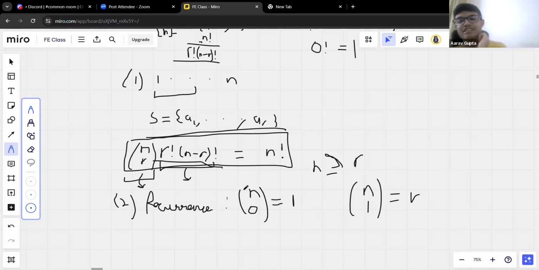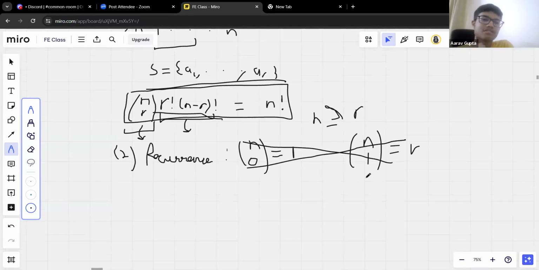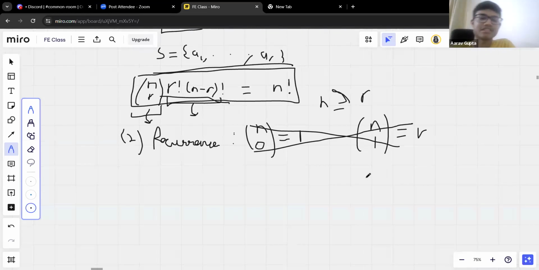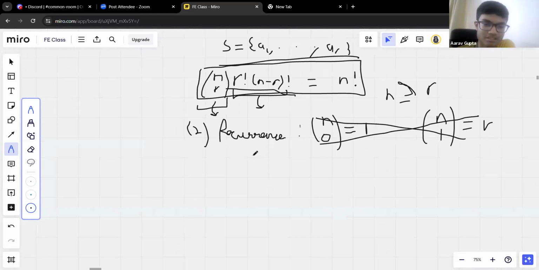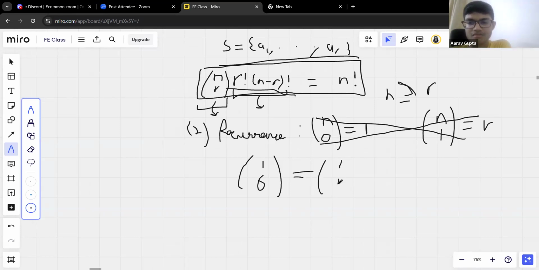Wait, actually, sorry. I think inducting on n would be a better idea. Yes, I meant induction on n only. My bad, I did induction on r. So you have 1 choose 0 is equal to 1 by this logic only, which is also equal to 1 choose 1, and n choose 0 you can take as 1.